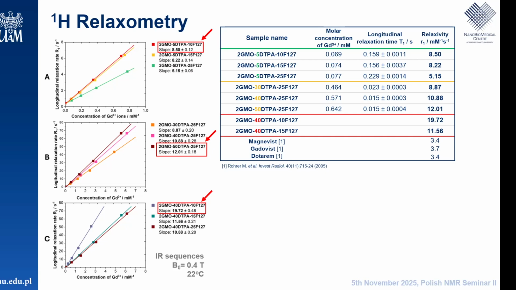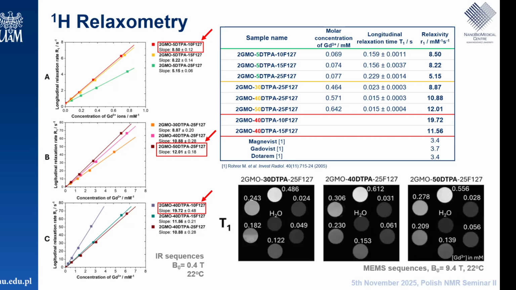We also wanted to see how it works in MRI. So we did magnetic resonance imaging, specifically T1-weighted images, for the samples with the highest concentration of gadolinium. As you can see, when we increase the concentration of gadolinium in our samples, the brighter the image we get, which is good.